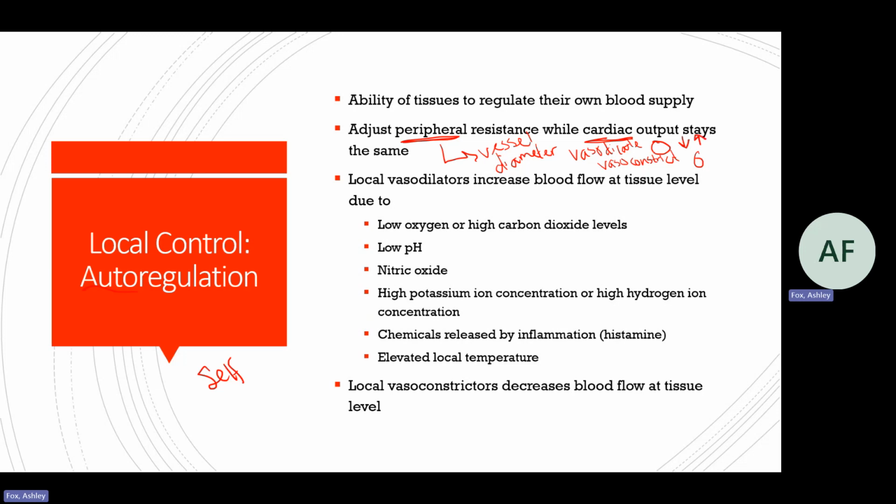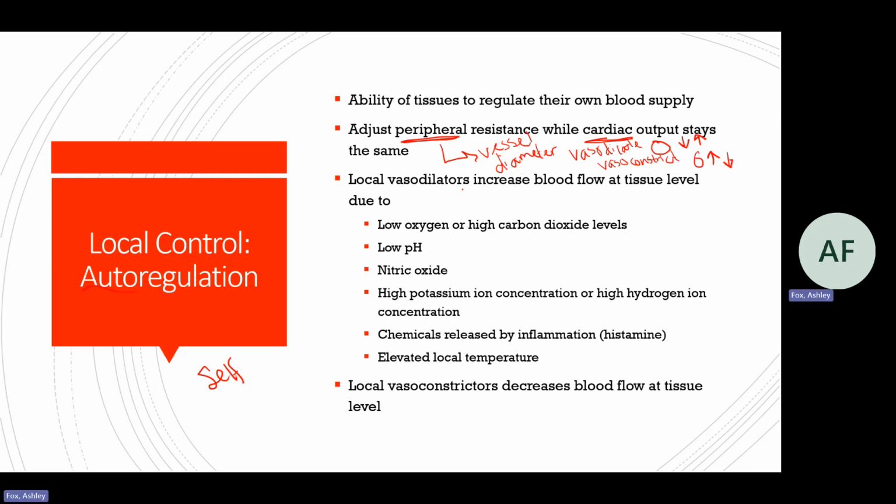If you want to increase the blood flow to an area, you're going to dilate and decrease the resistance. If you want to decrease the blood flow to an area, you are going to constrict. That increases the resistance and decreases the blood flow.